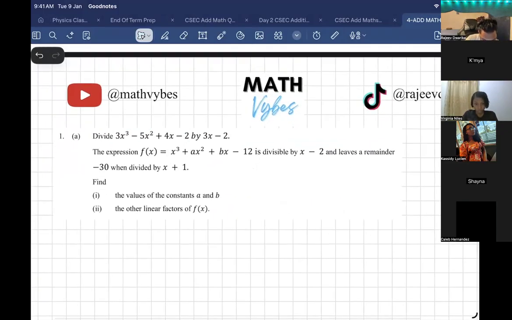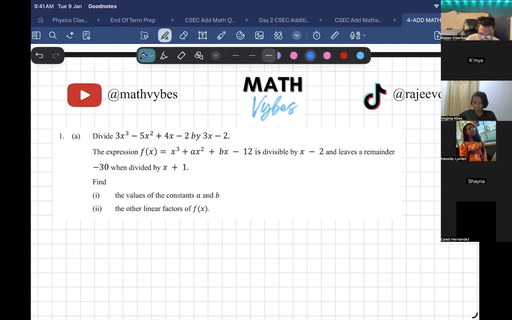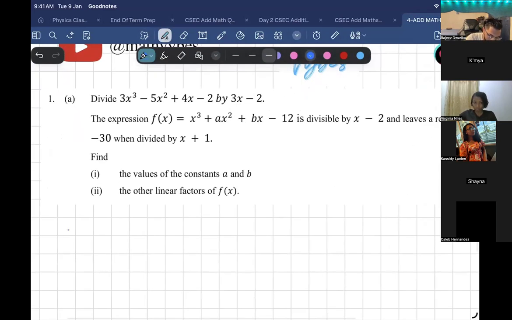Divide 3x cubed minus 5x squared plus 4x minus 2 by 3x minus 2. I think it's 2 different questions, and I'm not sure. I feel like the teacher made a mistake. That's fine. Let me tackle this, right? So I'll call this 1A, and I suppose I could call this B.